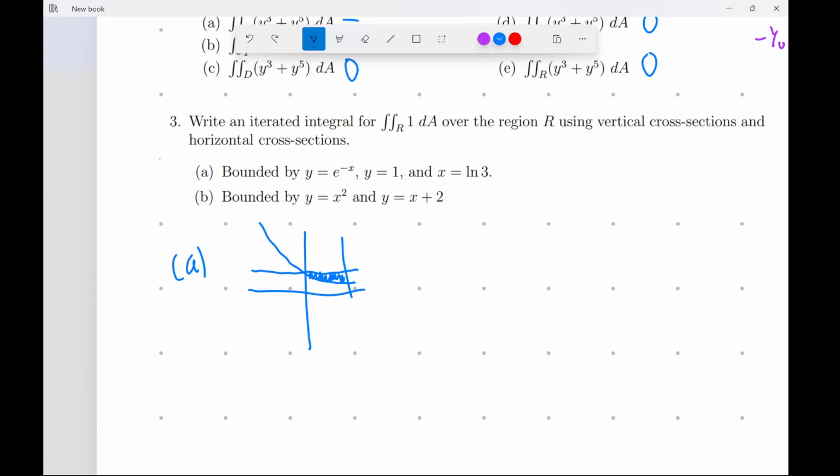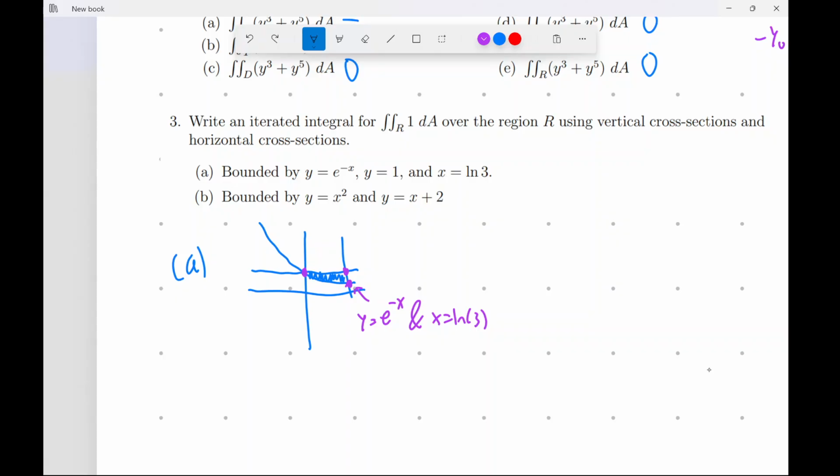So we're going to be using this region. I always like to say you should probably start by finding the vertices of your region. So let's see. This bottom right one is going to be where e to the negative x intersects with the curve x equals ln 3.